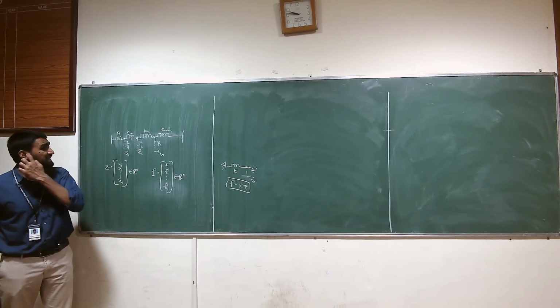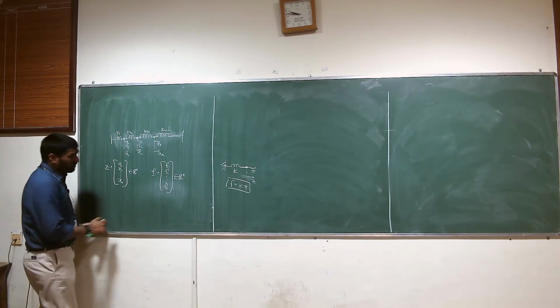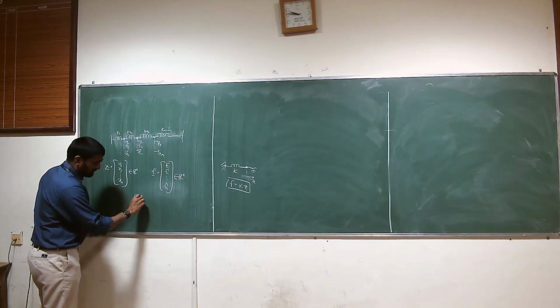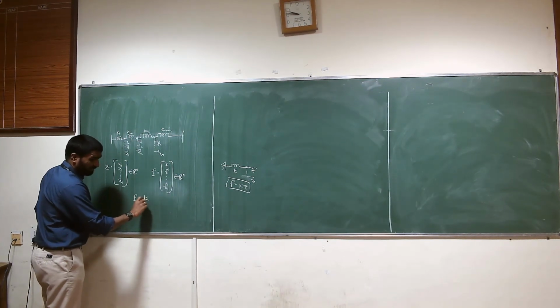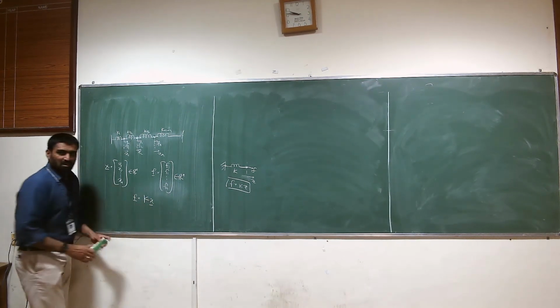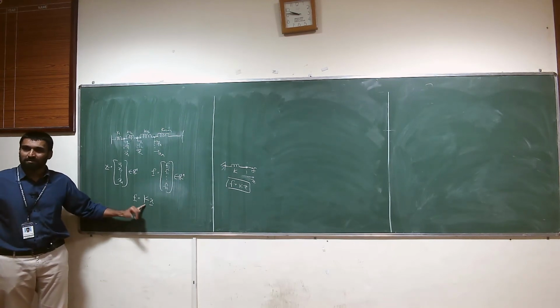And because we are dealing with a linear system, it will turn out that the relationship will look something like this. Some matrix capital K, X. Your goal is to figure out this matrix.